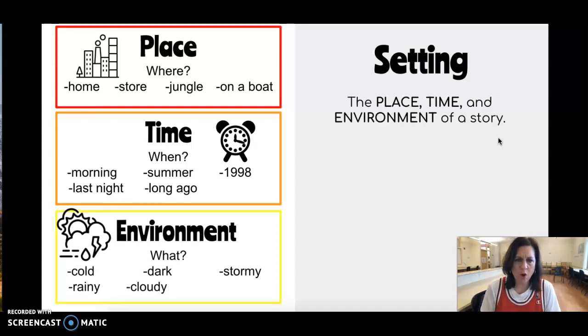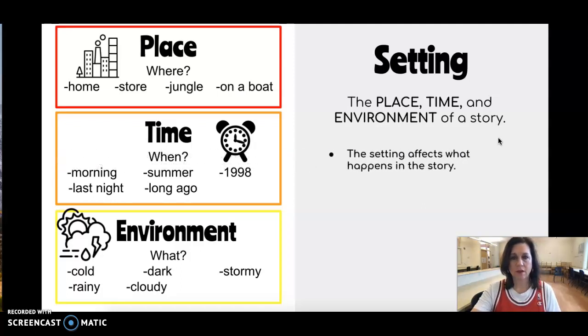Environment: what is it like? Cold, rainy, dark, cloudy, stormy. That's your environment. The setting affects what happens in the story. Okay? It can change. Setting can always change.